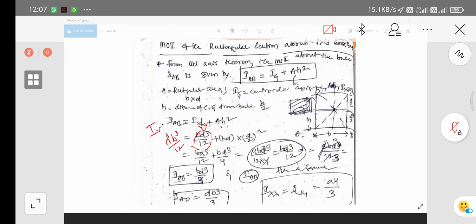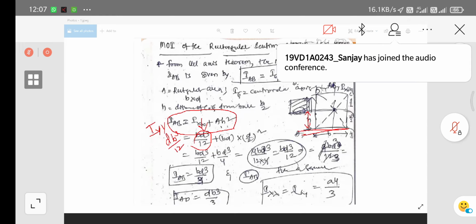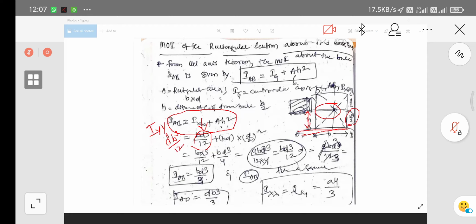These are central axis moments of inertia. For the base axis, apply the parallel axis theorem: central plus area of the whole thing into the distance between the two parallel axes squared, d by 2 whole square. We get bd cube by 3 about base AB.